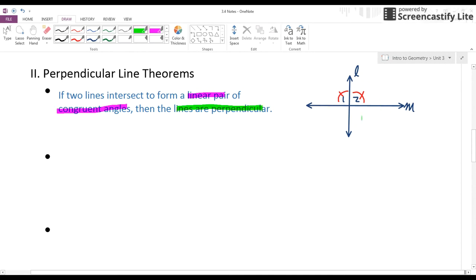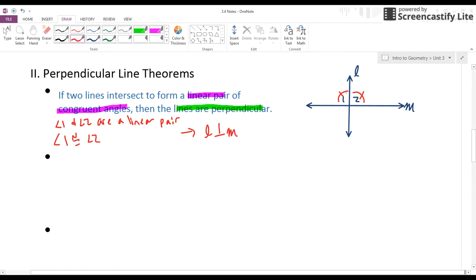So if you take a look at the diagram, this would be what you're given. So you should see two things happening. One, angle 1 and angle 2 are a linear pair. And you'll also notice from the notation here, angle 1 is congruent to angle 2. So if we have this information, we can conclude and jump straight to it and say L is perpendicular to M. And this is a super simple theorem to prove.